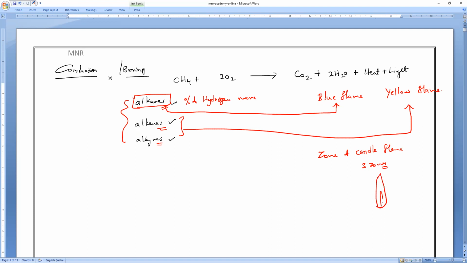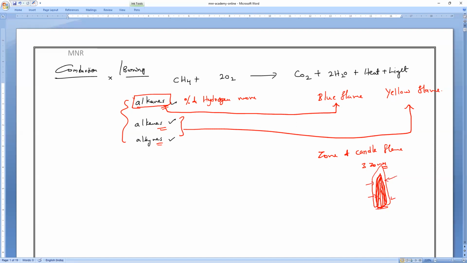One is the middle black zone, which is incomplete combustion, so more carbon is left, soot particles. Next is the luminous zone, the yellow flame, where a very small amount of unburnt carbon is left. And the outside one is the blue flame, where complete combustion takes place.